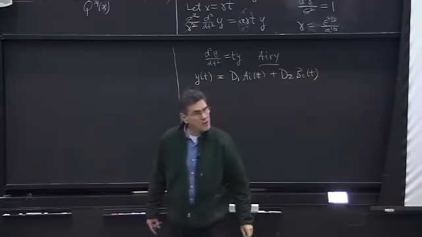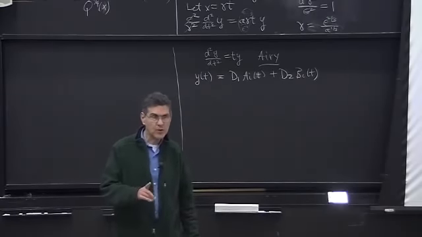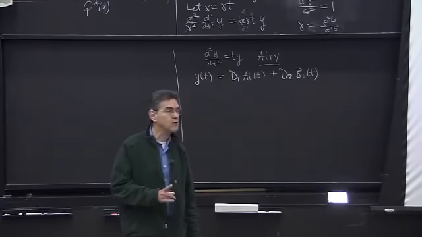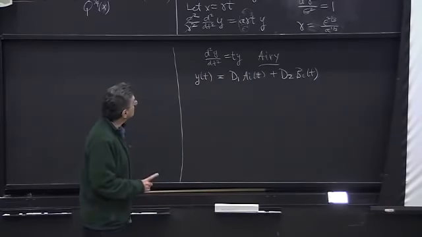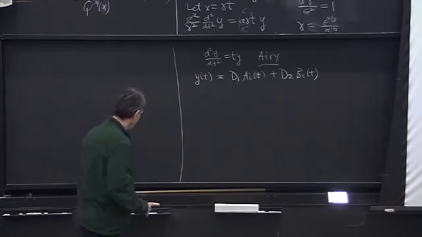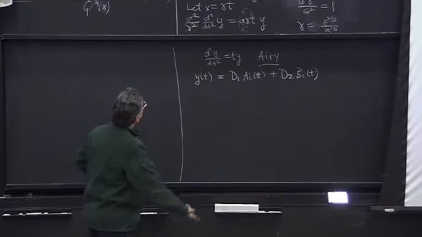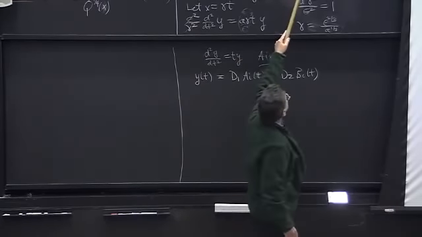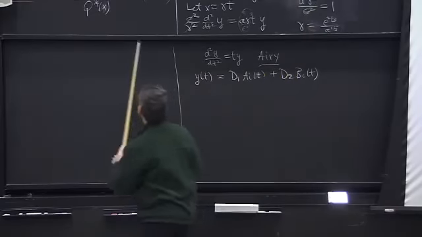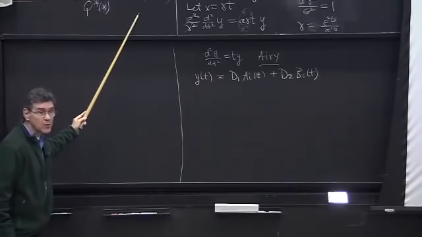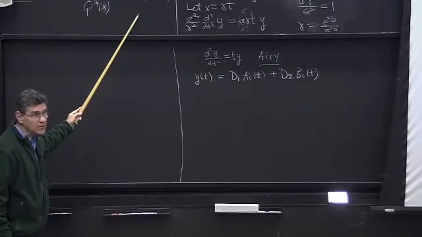But I'm going to be a little bit intuitive here. You're going to see that what I'm saying is absolutely rigorous in a second. We are looking for a solution which is decaying exponentially over here. In fact, we know how it's decaying, like this WKB predicts.